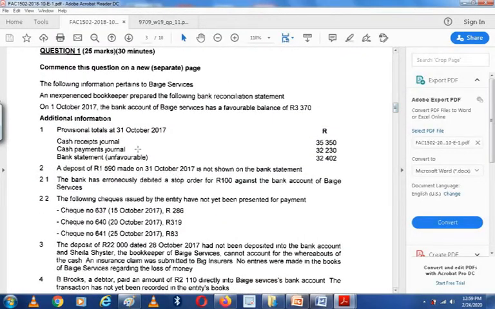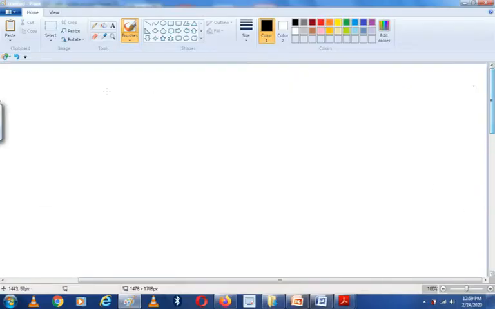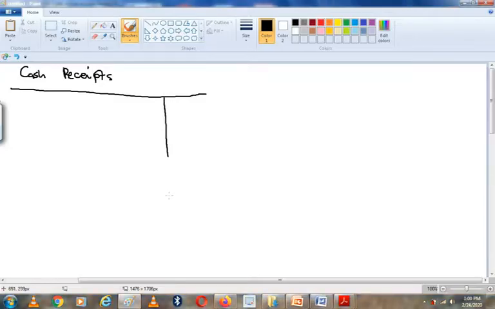Right, so in order for us to be able to tackle this question, the first thing is for us to draw our cash receipts. So cash receipts, okay, I have to scroll this up. All right, cash receipts, which essentially, because we've been requested to show only the bank column, this column here is the bank column.